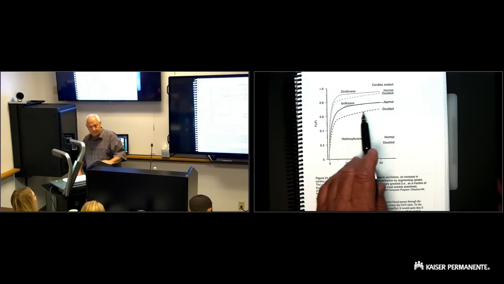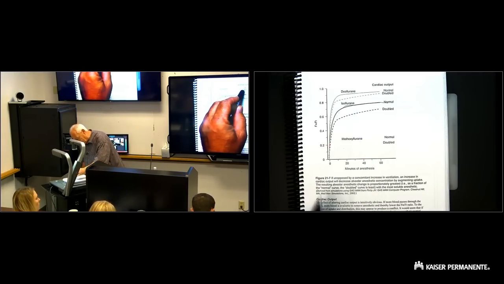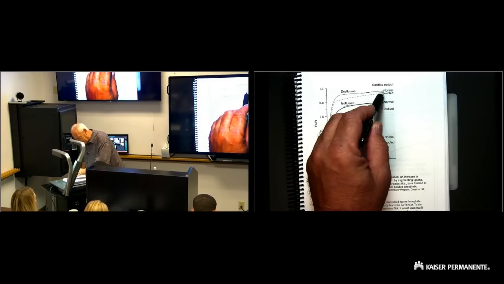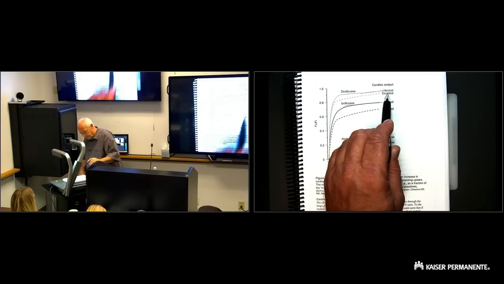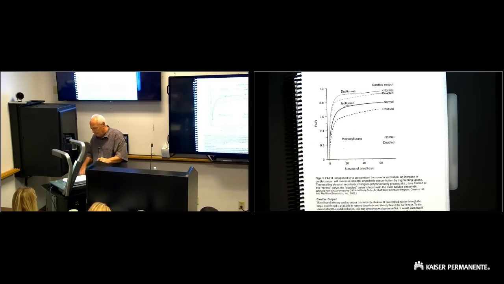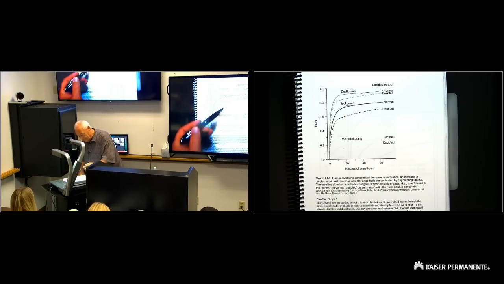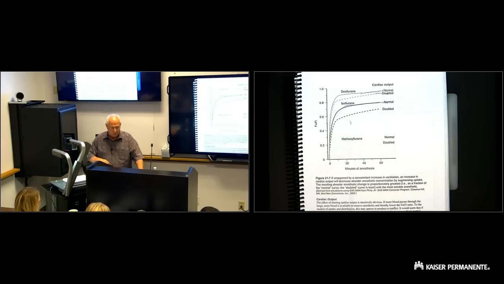This is DES, a real fast one. This is the normal solid line, the normal uptake. And if you double the cardiac output, the dashed line is the slower DES uptake. So they're both slowed. However, the isoflurane, the slower one, is affected more than desflurane, the faster one.